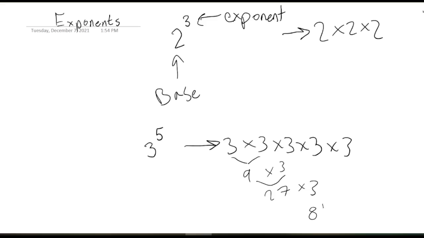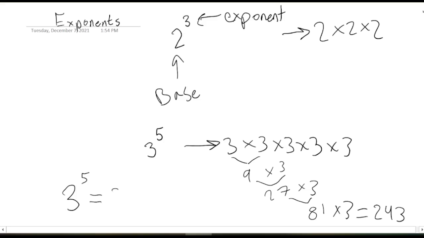And when we finally multiply our fifth 3, 81 times 3, we'll get 243. I already checked the answer on a calculator, but if you were doing this without a calculator, you would multiply it out and then you could check your work using a calculator. So we would rewrite this as 3 to the 5th is equal to 243. And that would be our answer to the exponent question.